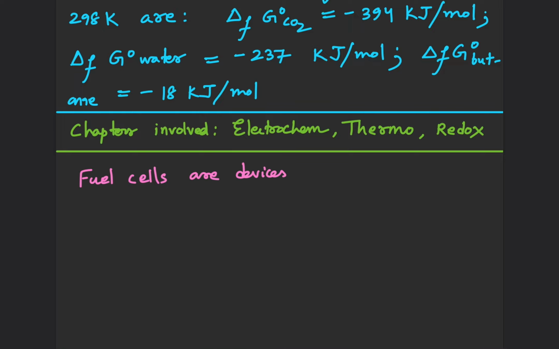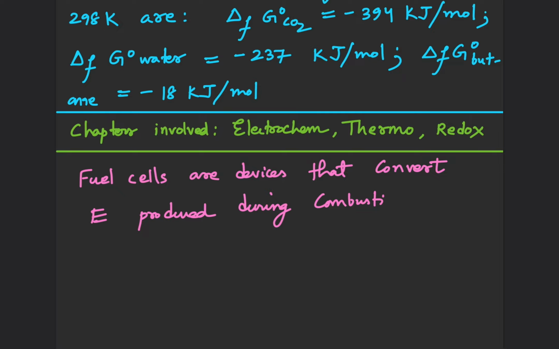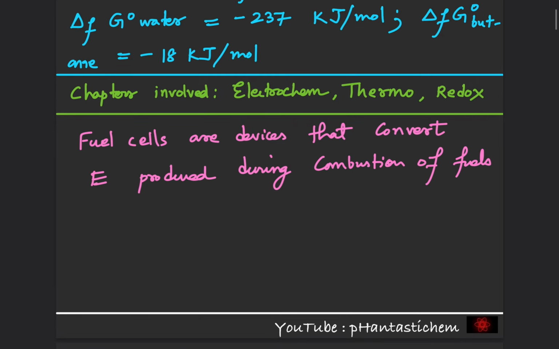So fuel cells are devices that convert energy produced during combustion of fuels, like for example in our case butane, directly into electrical energy.